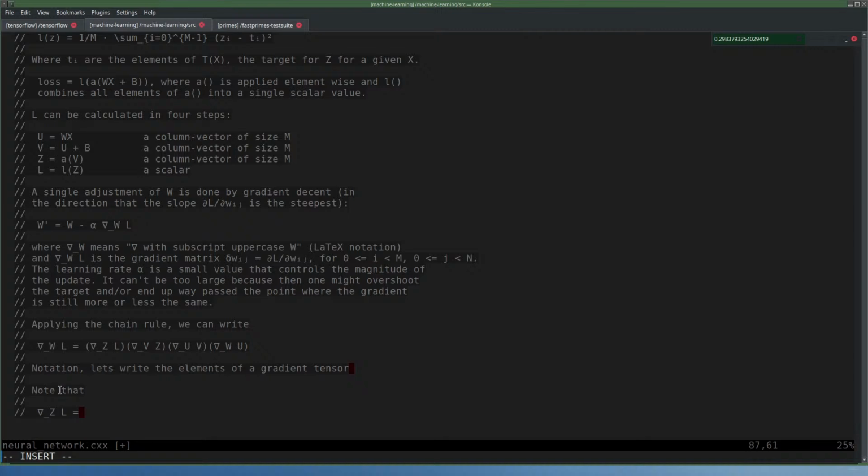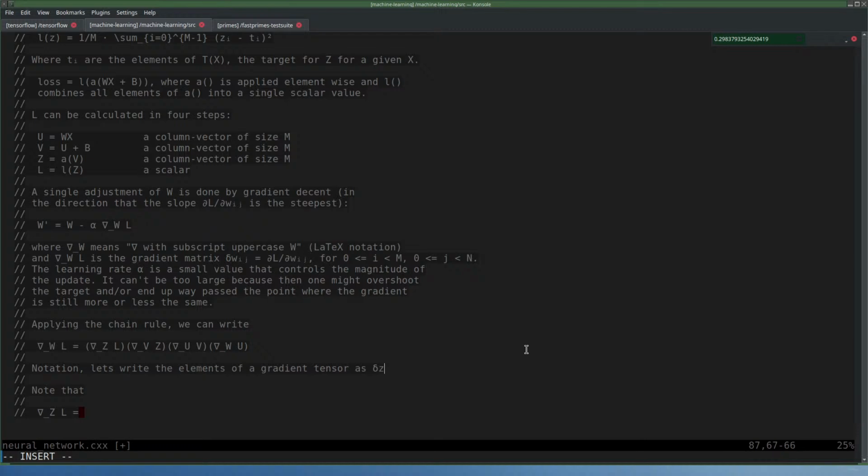So abbreviation of the gradient tensors, as what the elements of the gradient tensor is delta. And then the gradient, for example, z.